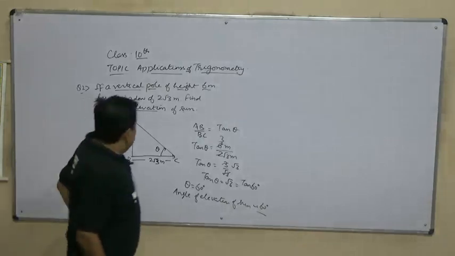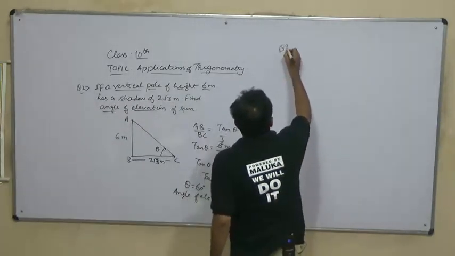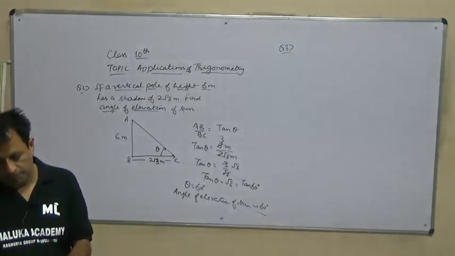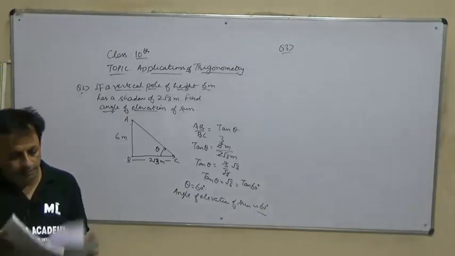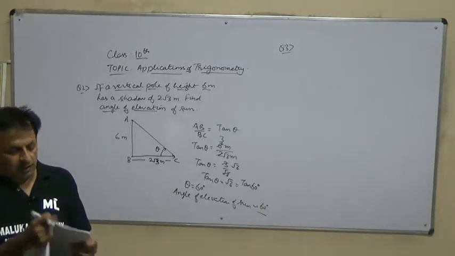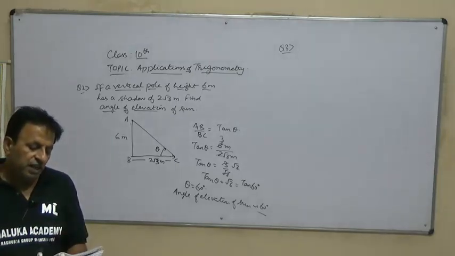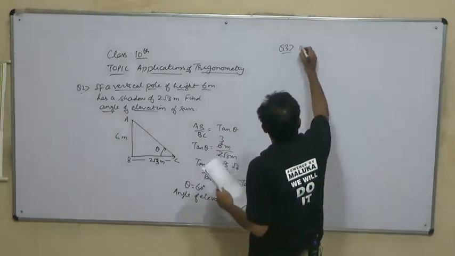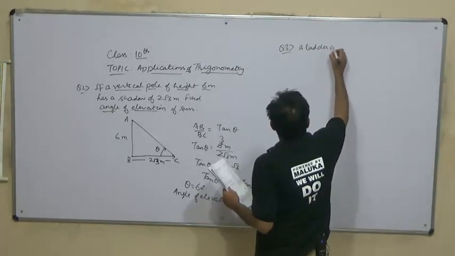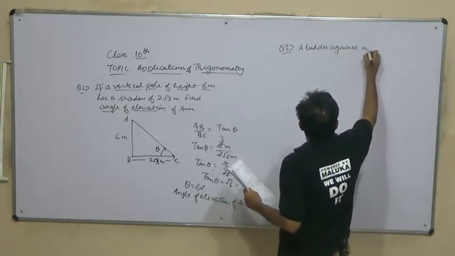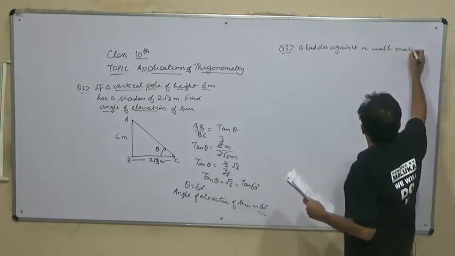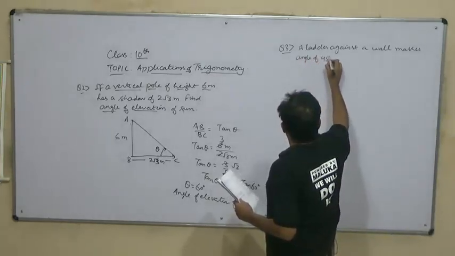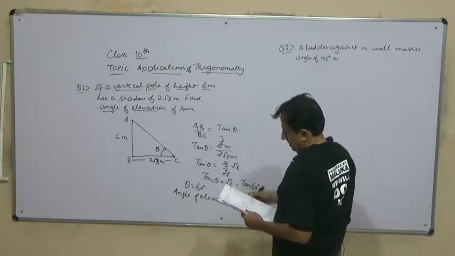Then the third question is: a ladder against a vertical wall makes an angle of 45 degree with the ground.